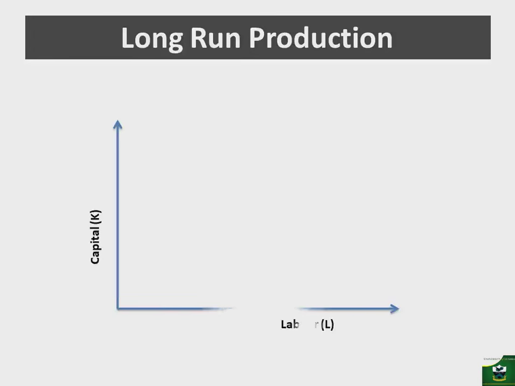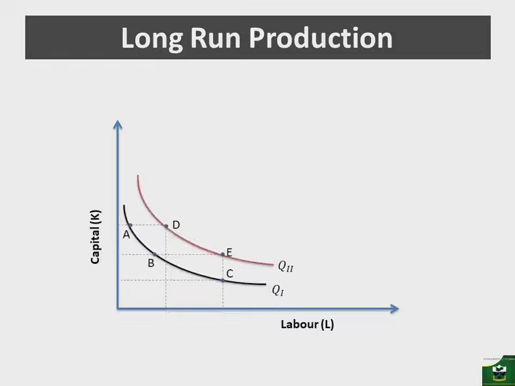Let's look at the graphical illustration. So on the vertical axis we put capital and on the horizontal axis we put labor. With the isoquants 1 and 2, you will notice that this is the same structure we saw under indifference curves or theory of the consumer. Now what this means is that the red isoquant has more output level compared to the black isoquant.